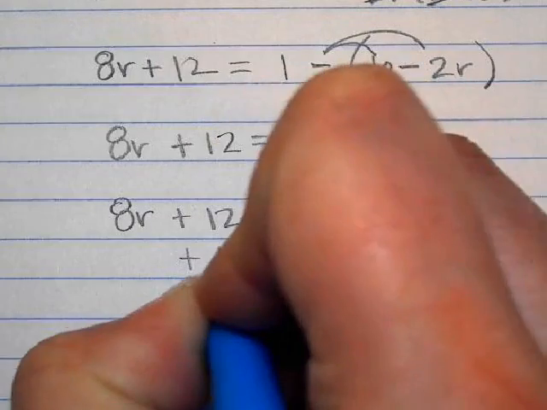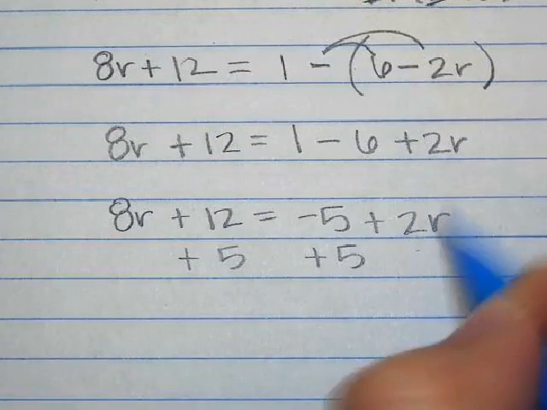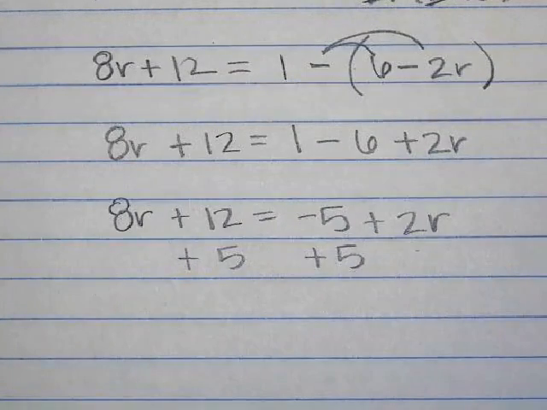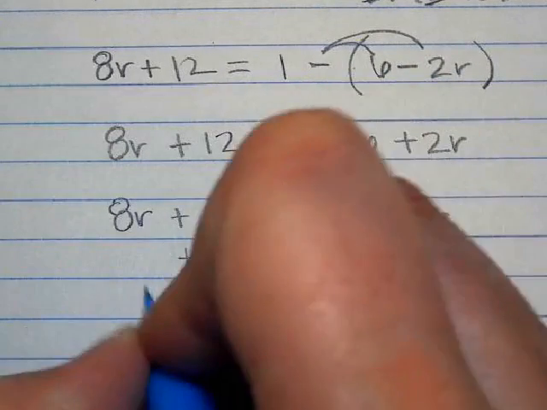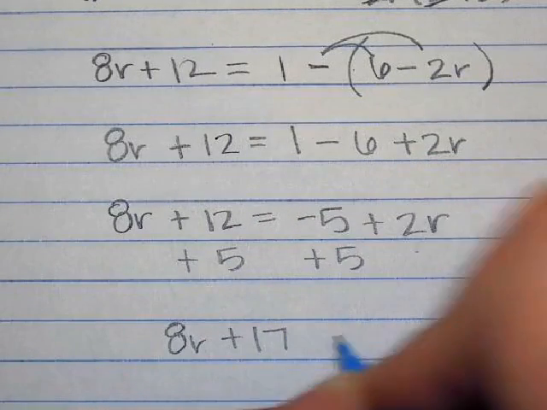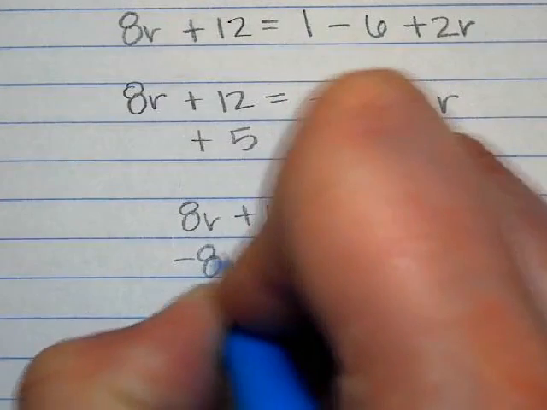Now, if we subtract the 2R, we're getting everything to the left side. Do we want to get everything to the left side? Okay, so we're going to have 8R plus 17 equals 2R. Then we can minus the 8R over.